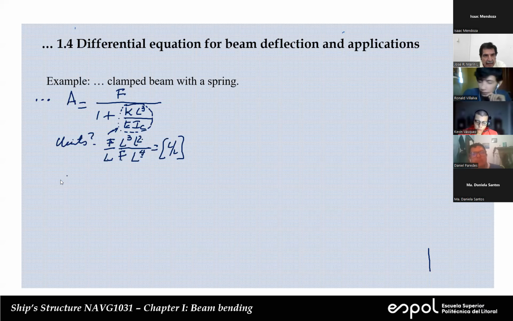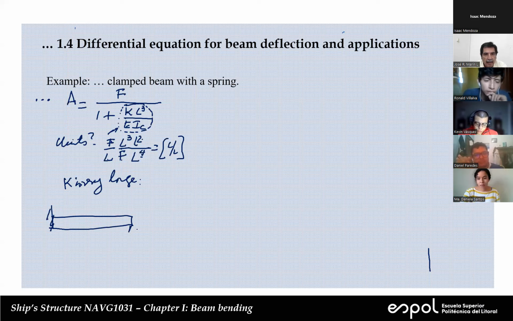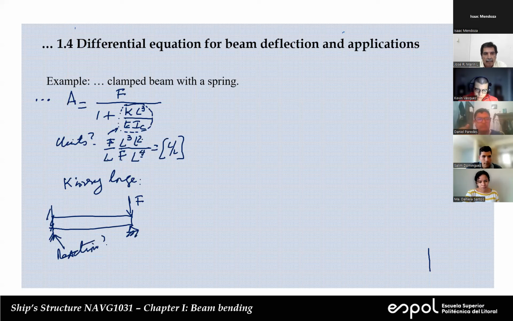Let me write here, if I can find my pointer. So if K is very large, this would be something like this. How much would be the reaction here? 0.